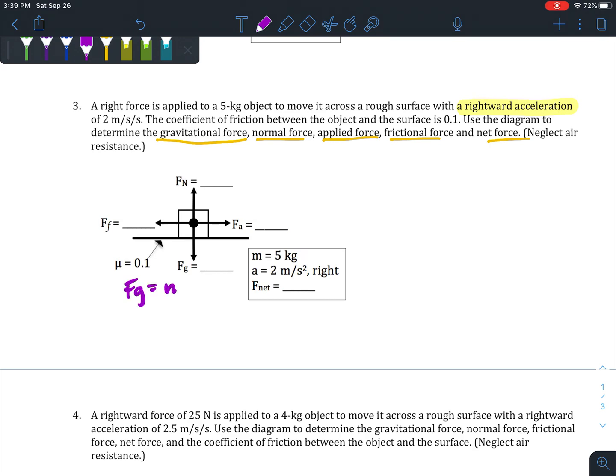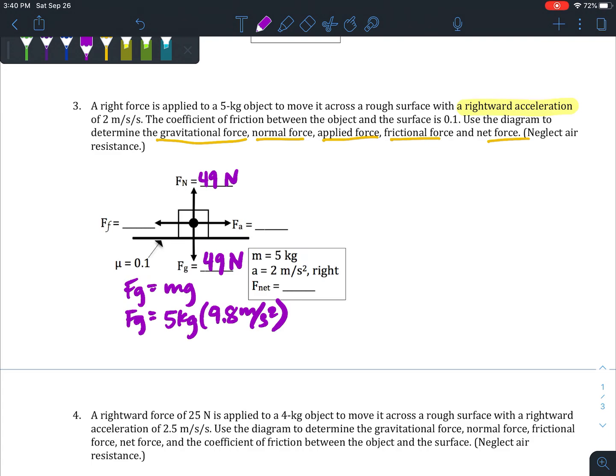Okay, so Fg equals mg. So mass was 5 kilograms. G is 9.8. And so 5 times 9.8 gives us an Fg of 49 newtons. I happen to know that the box is not falling through the floor. It's not rising up. I can assume that based on the picture they gave us. So that means normal force will also be 49 newtons.